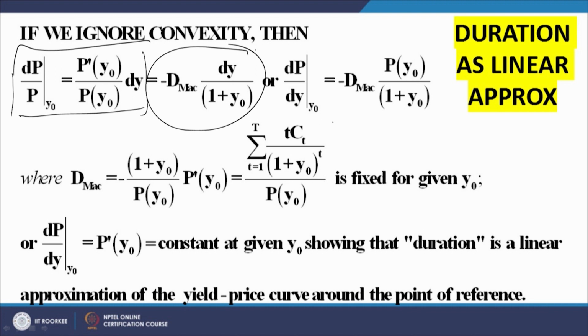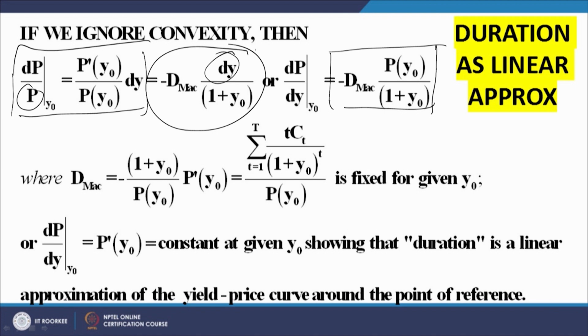Or we can write this as dP upon dy by transposing P and dy, cross multiplying or shifting to the other side of the equation, we get the slope of the yield curve at the given point at which the duration is being calculated is given by this expression.